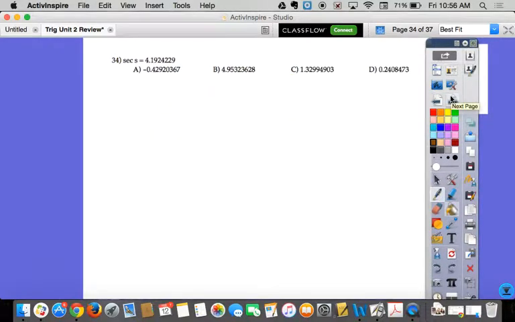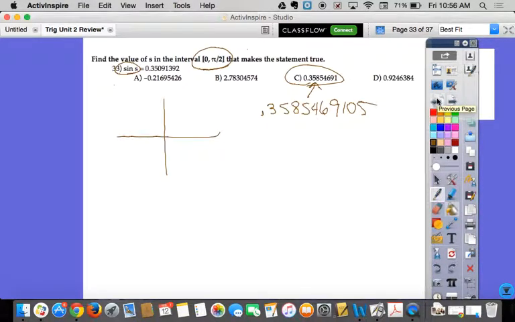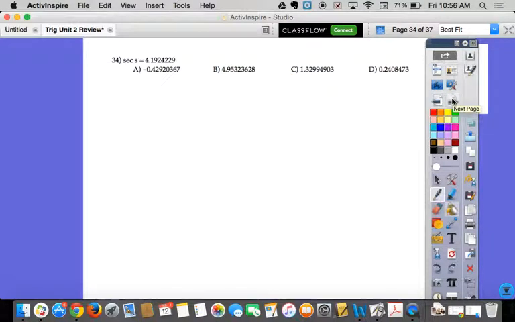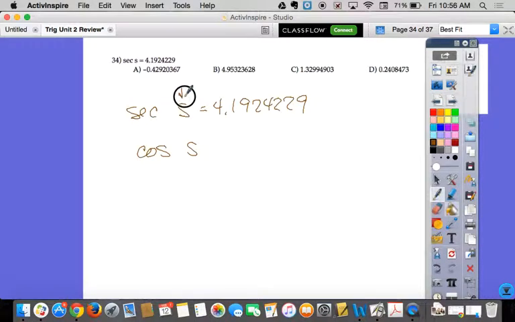Okay, now secant, this instruction goes for several of them then. So we are doing first quadrant, which makes it a lot nicer. You do not have a secant button. So you're going to have to do the reciprocal of both sides. The reciprocal of secant is cosine. Remember, when you see S, you're supposed to think this is circular functions.